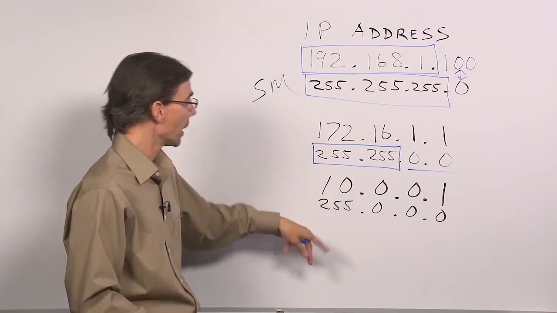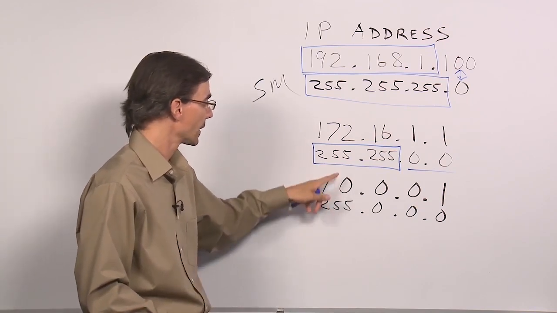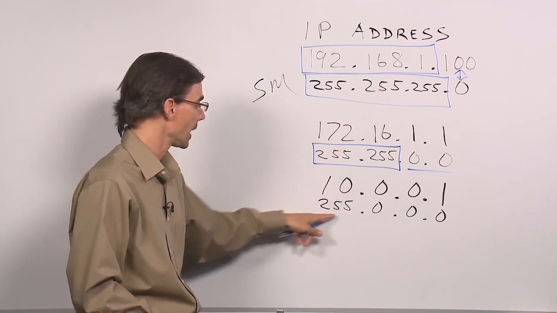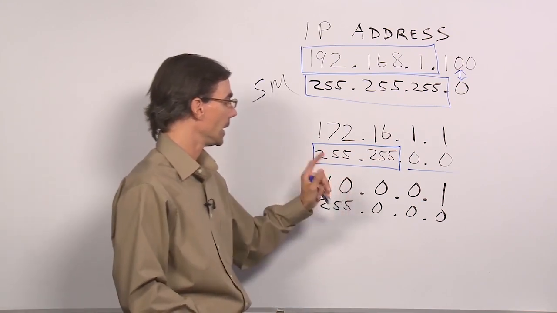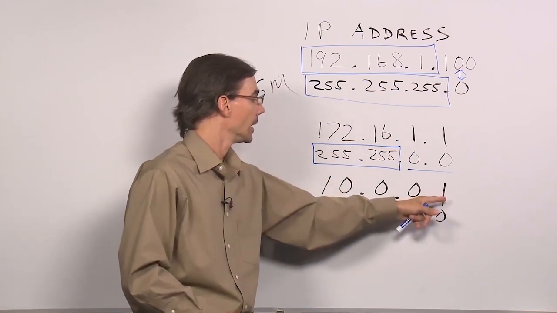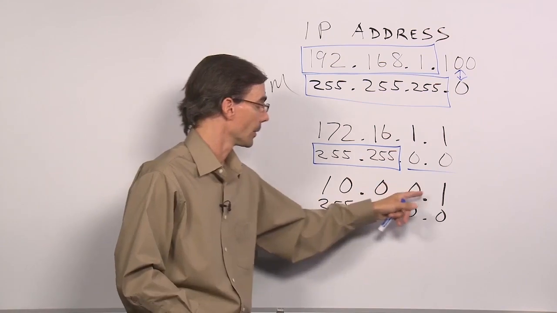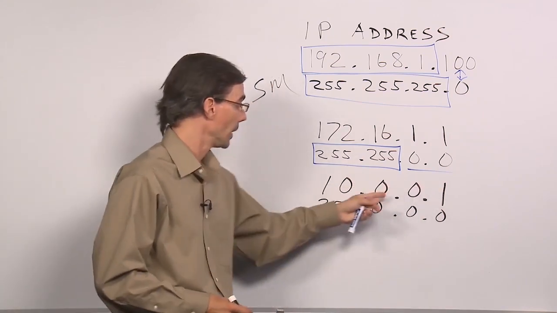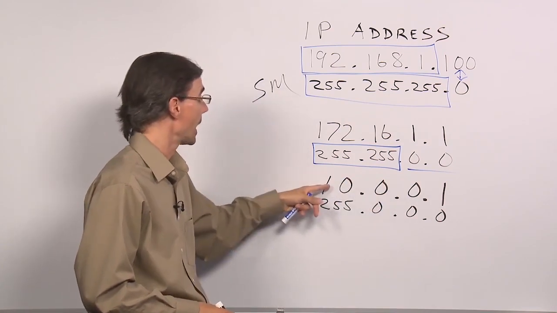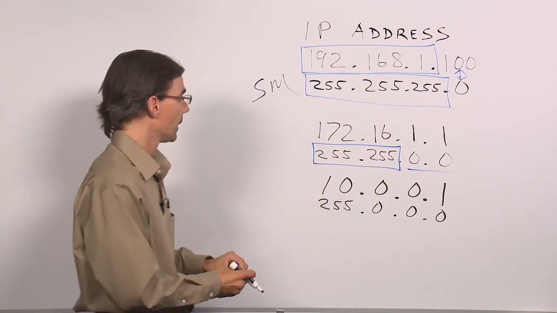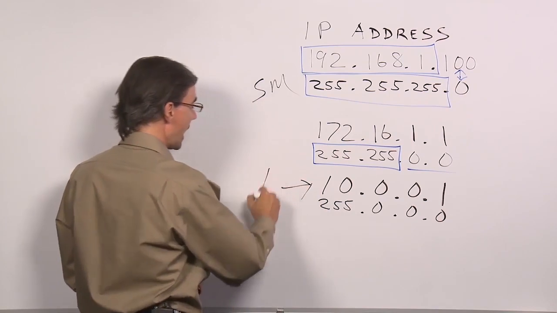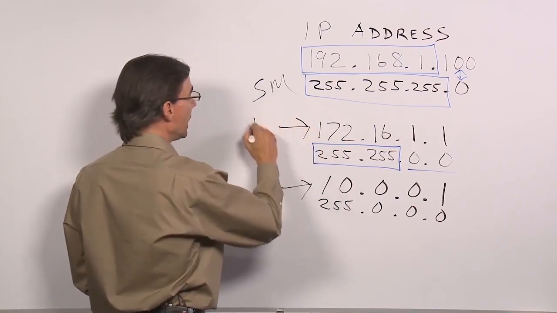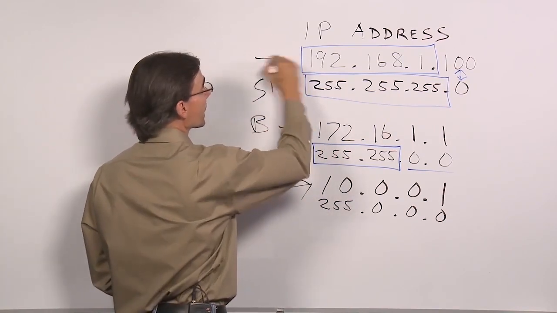So in a Class A network, the 10 is the network number. And you can see that is indicated by the 255. The zeros indicate the host number, 0.0.1. You can have lots and lots of IP addresses, 16 million, in the Class A 10 network. So again, this is Class A, this is Class B, and this is Class C.